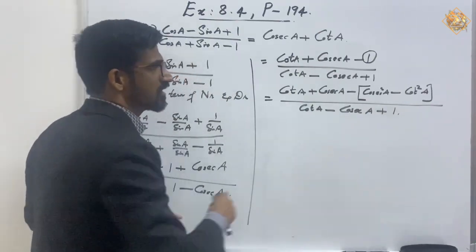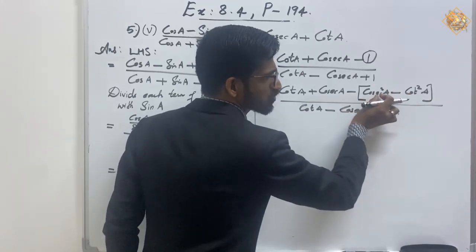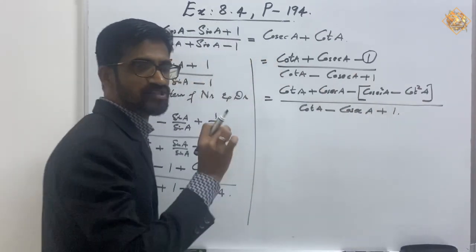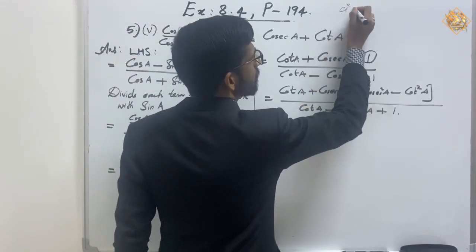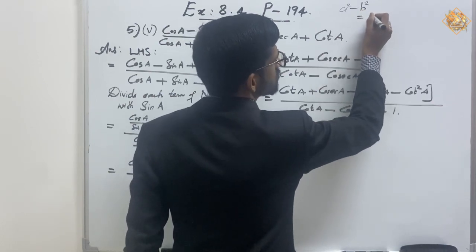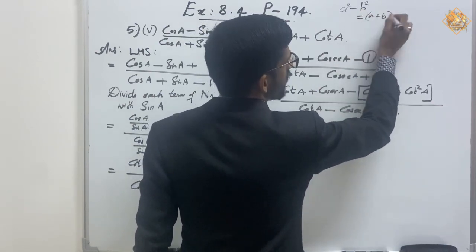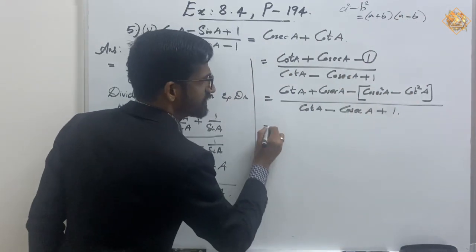Okay students, now here in this bracket, we can see that it is cosec square A minus cot square A. It is of the form A square minus B square, isn't it? What is A square minus B square? That is A plus B into A minus B, isn't it? So we are going to expand it.